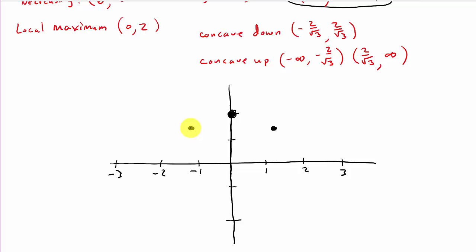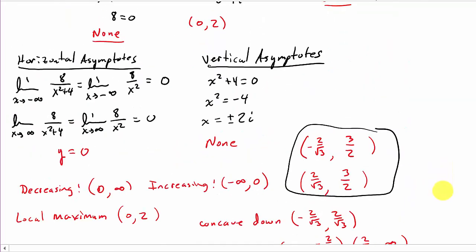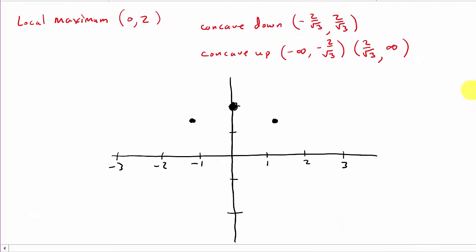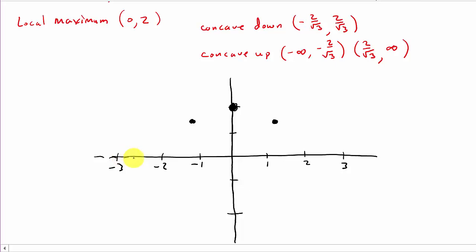So now let's look at drawing this graph. So let's look left to right. So I need to see what's happening. Well, and before we do that, we do have a horizontal asymptote at y equals 0. So that's this line here. Y equals 0. That's a horizontal asymptote.